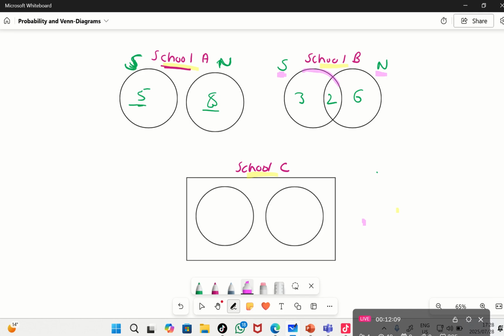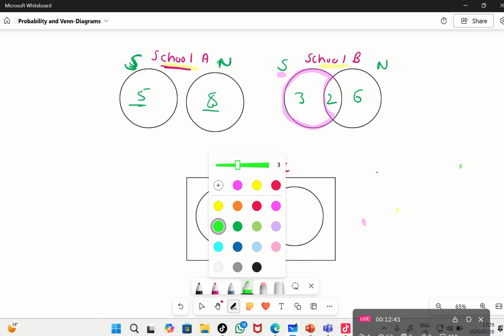This is soccer, and this is netball. The number in the middle, the intersection, is the number of learners who play both soccer and netball. Does that make sense? This area here is for the number of learners playing soccer only, and this area here is for the number of learners playing netball only.